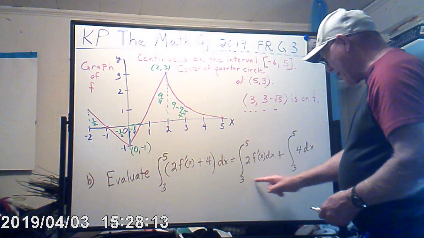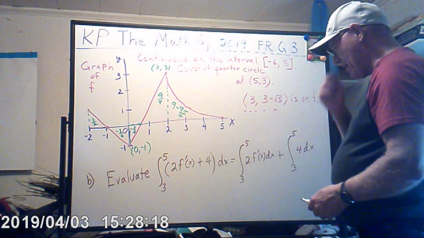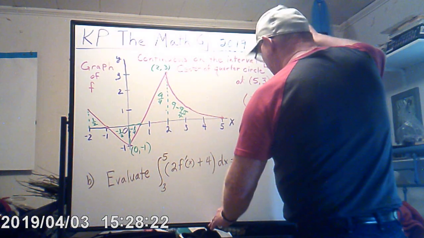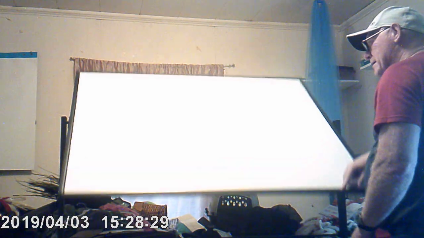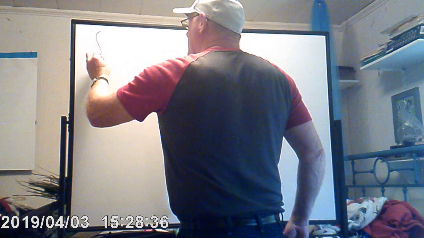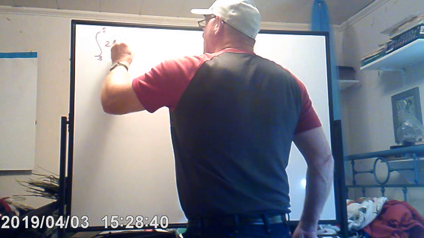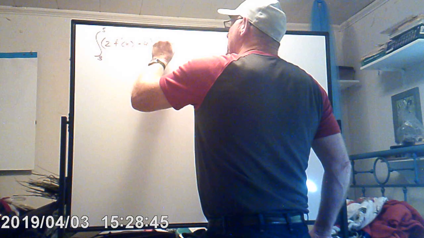And that's the way I approached this problem in particular. We may need to flip the board over. We'll do just that. Hopefully I don't have anything on this other side. I don't. Let's rewrite it. So we were evaluating from 3 to 5 of 2 f prime of x plus 4 dx.